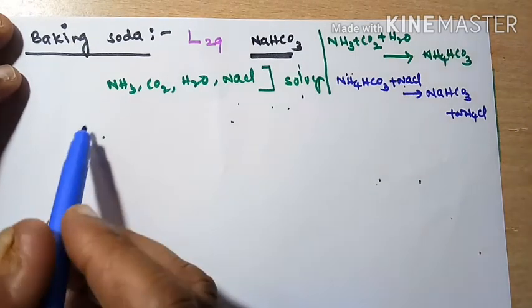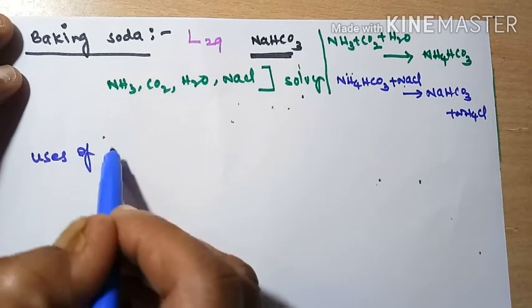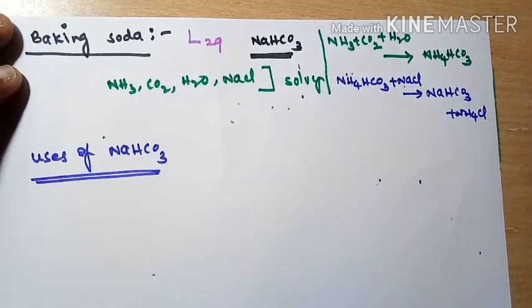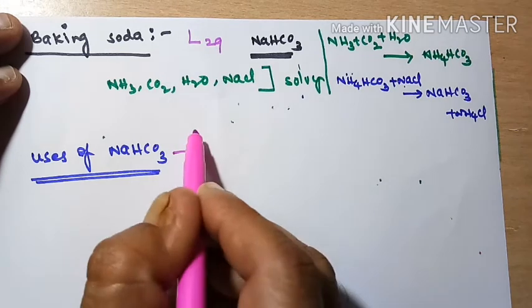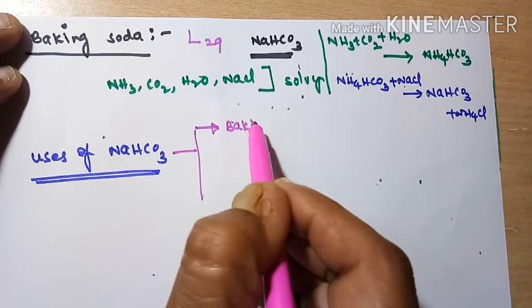Now, what are the uses of baking soda, NaHCO3? Let me discuss. It is used as a baking material, that means a baking chemical.